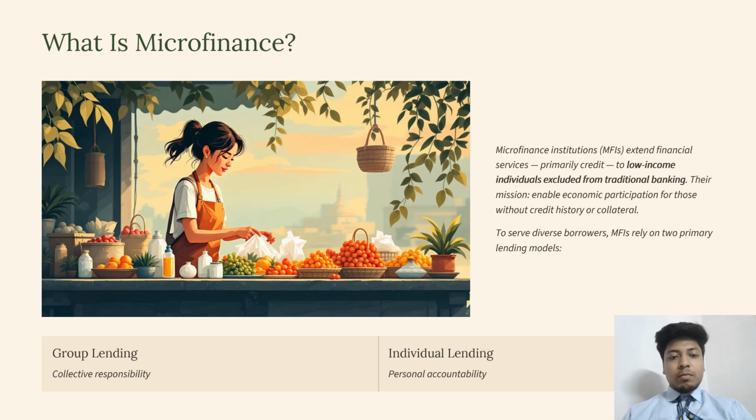Essentially, borrowers form a small group, and they look out for one another to ensure the loan is repaid. The other one is individual lending. This lending focuses mainly on personal accountability, where the financial relationship is directly between the institution and the individual borrower. So these are the two types of lending.